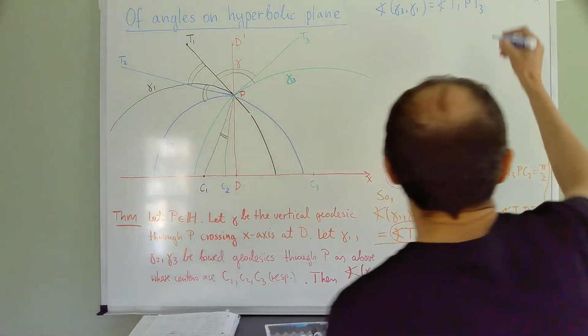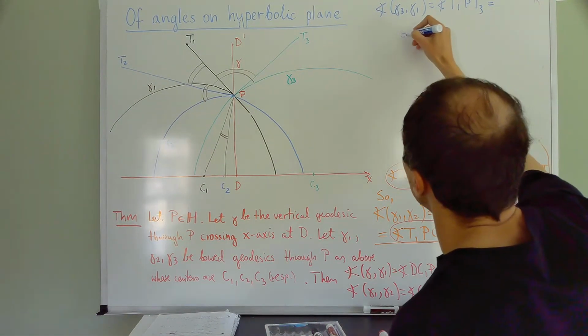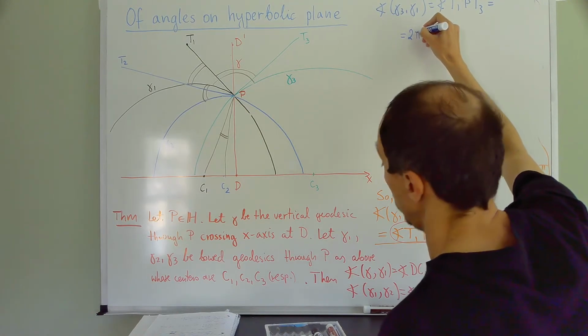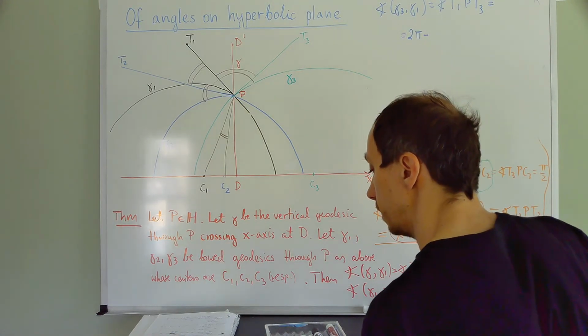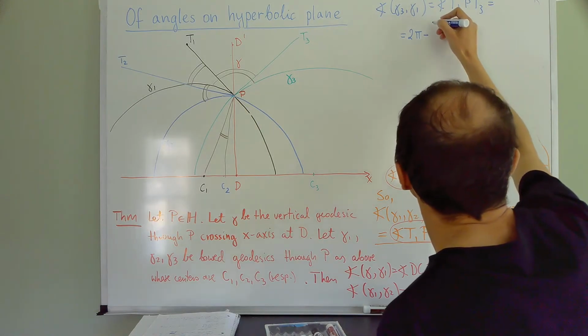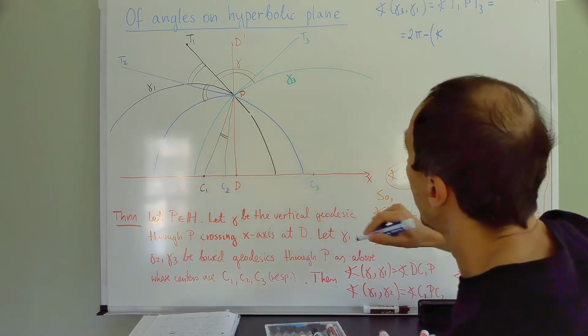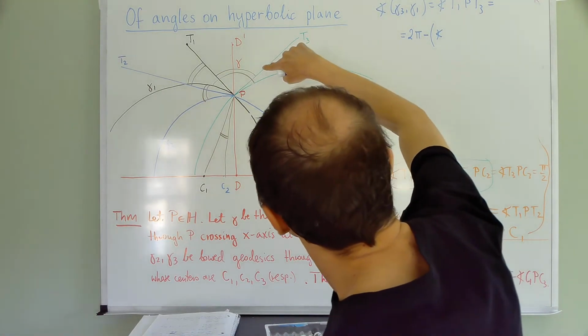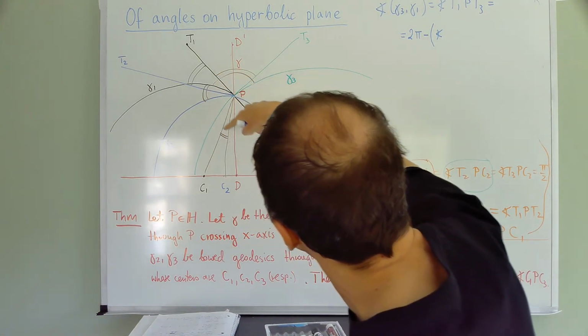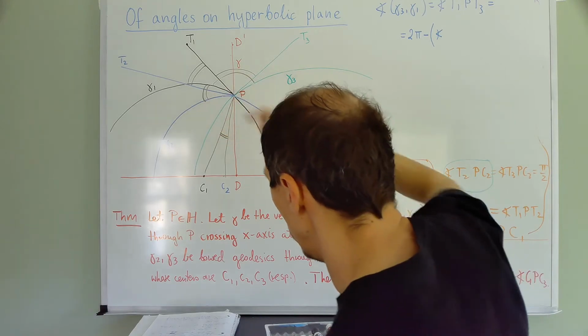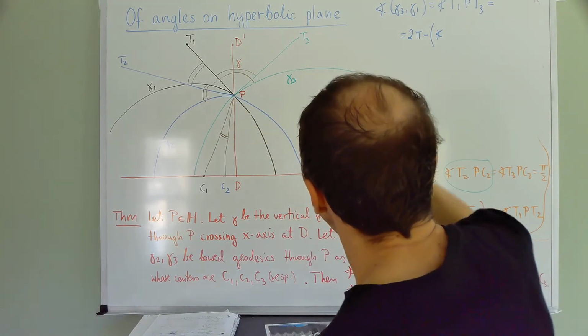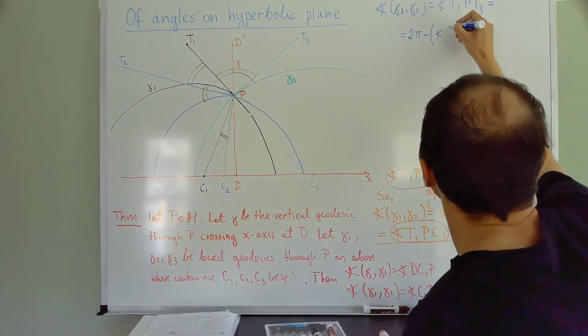But this is the same as, now I'm going to go around: that's 2 pi minus the other angle, T3 P C3.